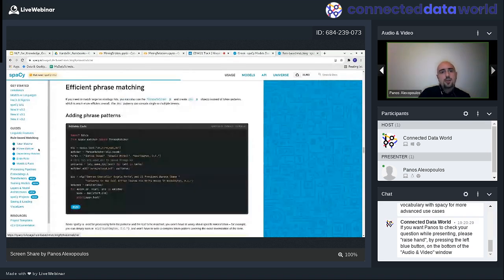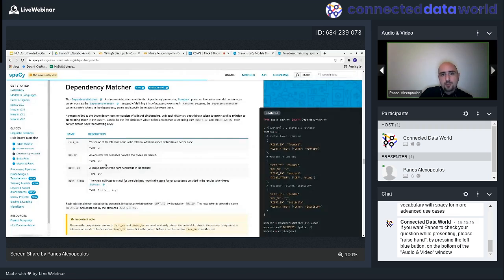There is also the ability to use regular expressions. I don't know how many of you have used regular expressions before. It's a bit of a hate and love relationship. And for the more advanced NLP practitioners, we can also use dependency matching. So parsing the dependency graph of a sentence and then defining rules based on that.